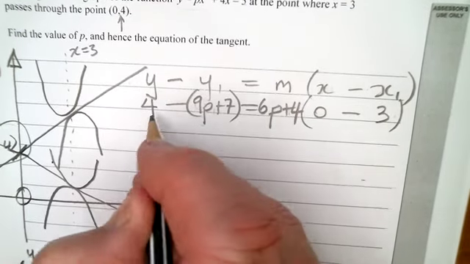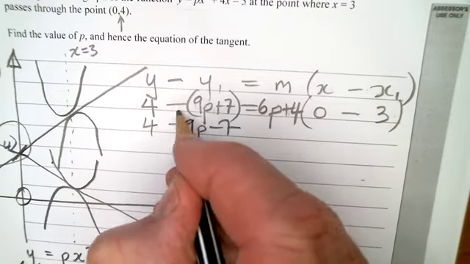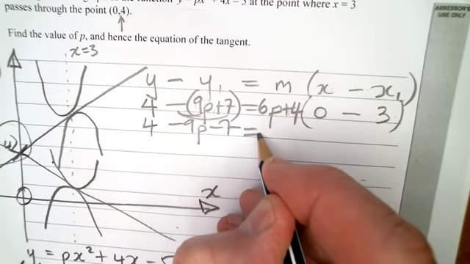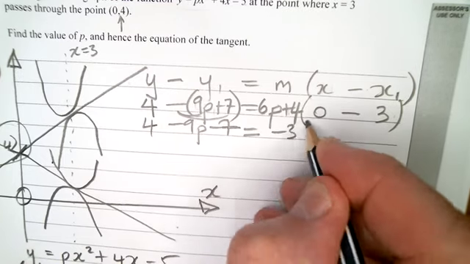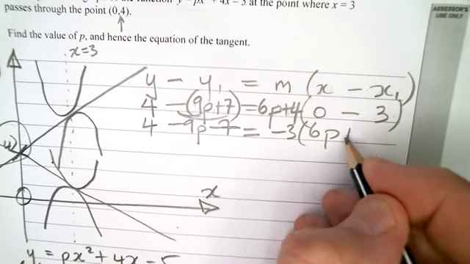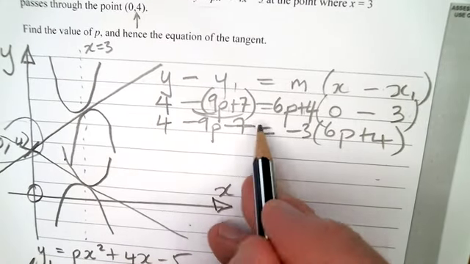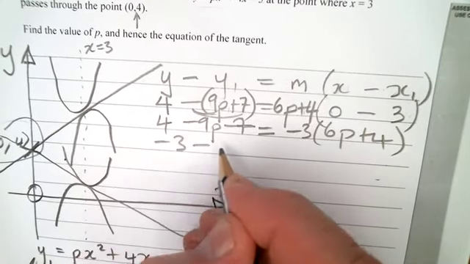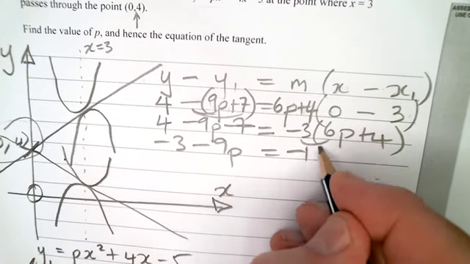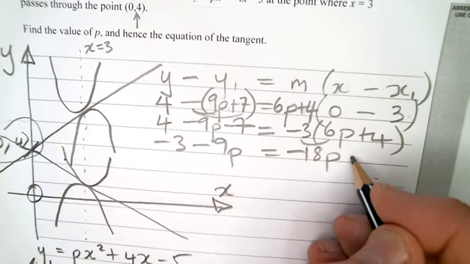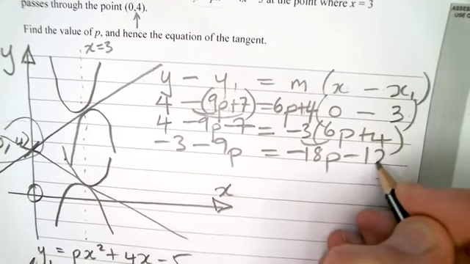Here we go. So it's going to be 4 minus 9p minus 7, because minus that and minus that, is equal to, that's a 7 by the way, this is going to be negative 3 times 6p plus 4. Let's just tidy this up. 4 minus 7 is minus 3, minus 9p is equal to, negative 3 times 6 is going to be negative 18p plus, or minus 3 times positive 4 is minus 12.